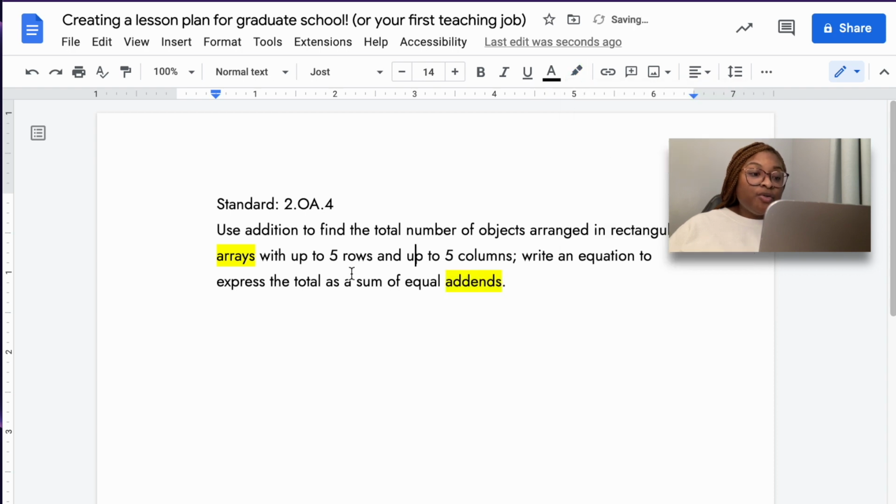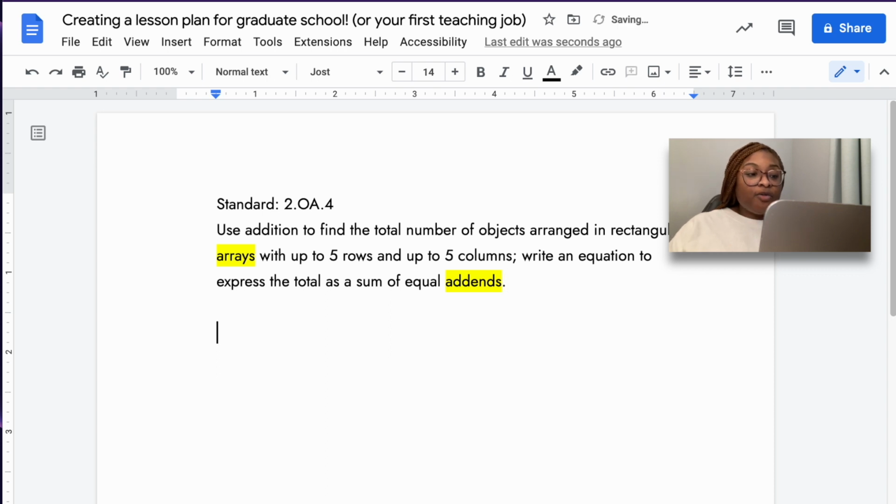So nothing too stressful there. They may not know that sum is the same as the whole, right? So you're going to want to make sure you talk about that with them. And you're going to, again, remind them about the addition factor, that all they're going to be doing is addition, but this is helping them build those skills to be able to multiply, okay?